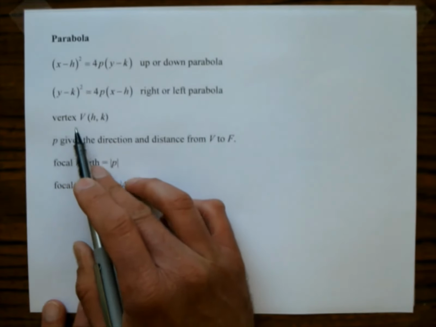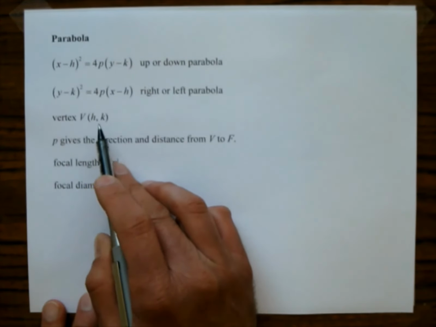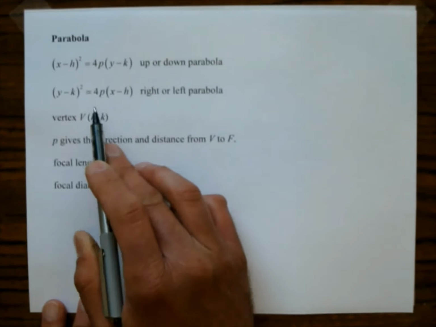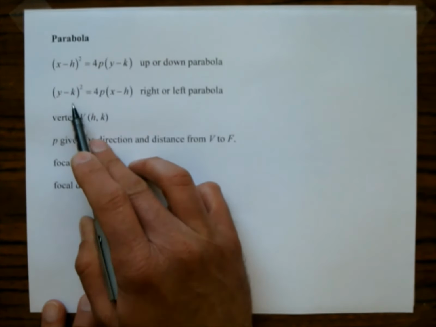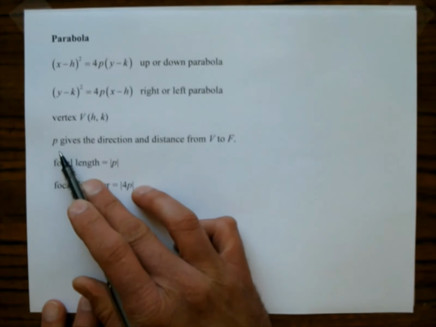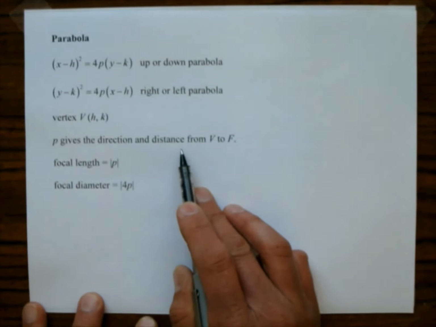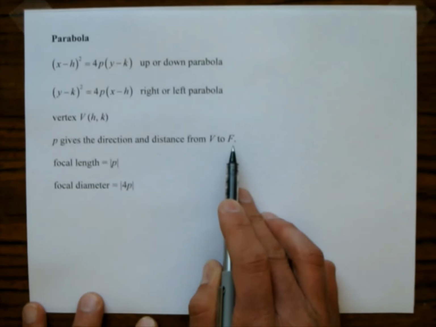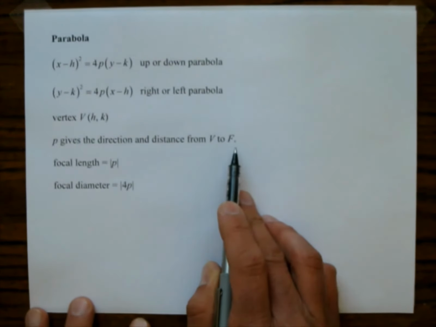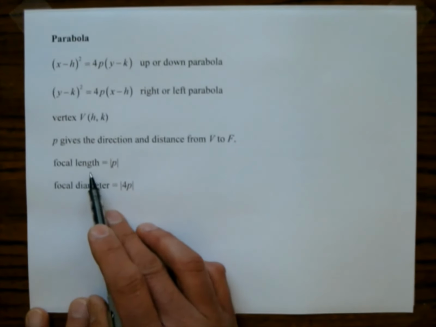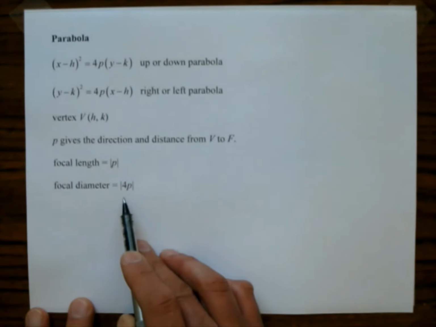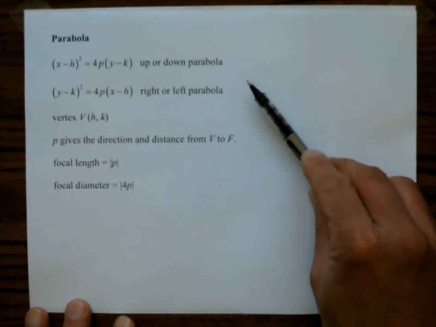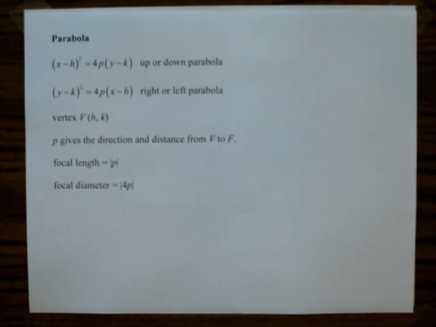The vertex is always going to be (h, k), and the h is kind of married to the x and the k is married to the y, so remember that. p gives the direction and distance from V to F. We kind of wrote that down on the other page, but here it's all typed up. The focal length is the absolute value of p, and the focal diameter is the absolute value of 4p.